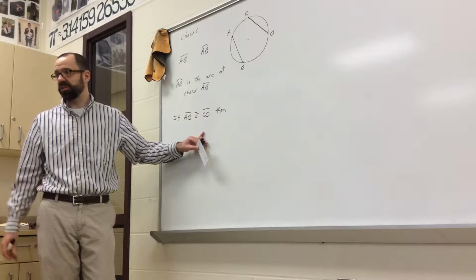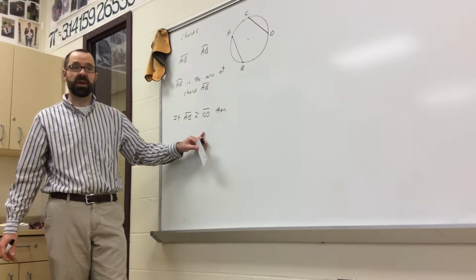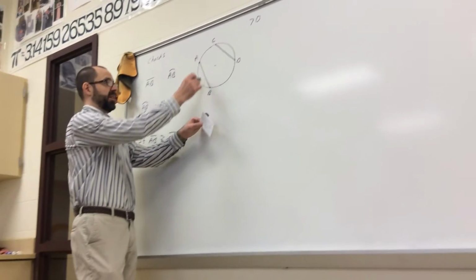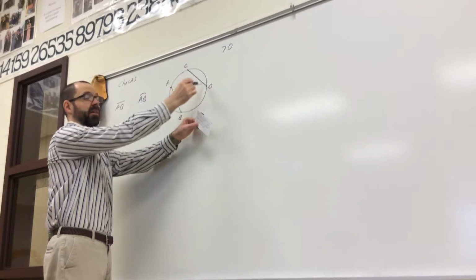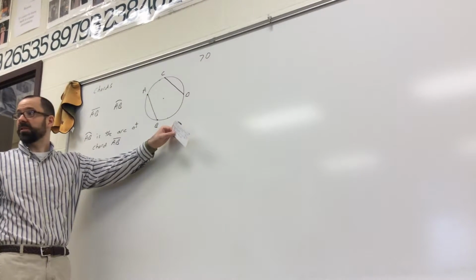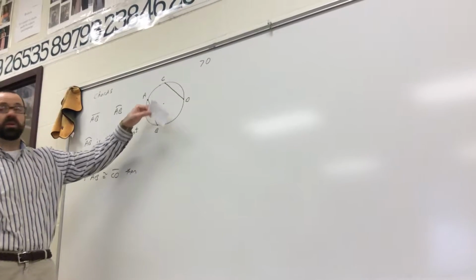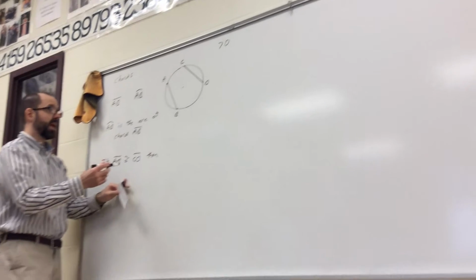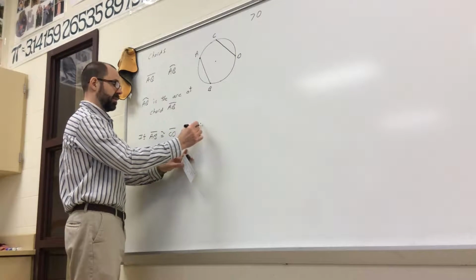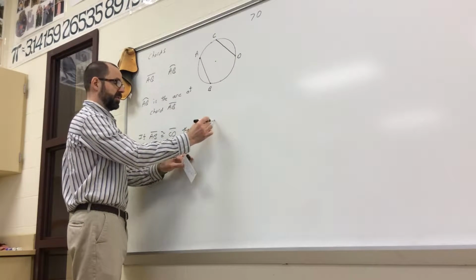So I'll tell you what happens in just a second, but just want to make sure everybody sees what's going on. We measured from here to here, maybe got 6 inches. And then we measured from here to here, and also got 6 inches. So this chord is congruent to that chord. Okay, so then what happens is the arc is going to be congruent to the other arc.